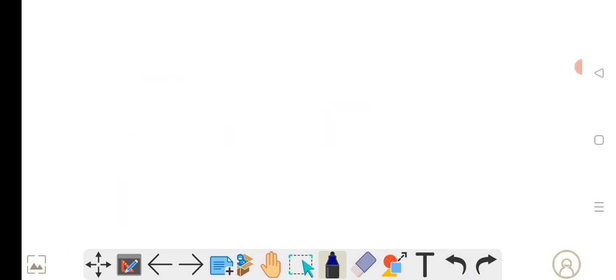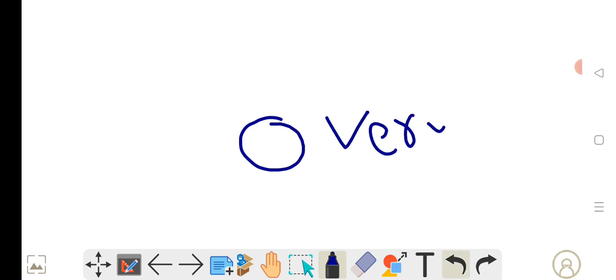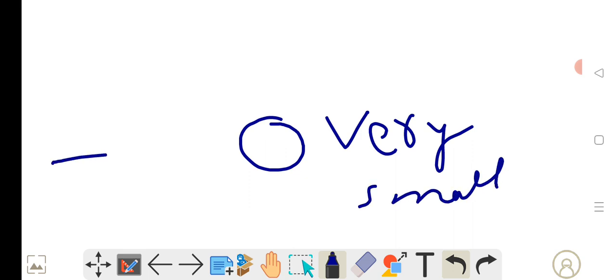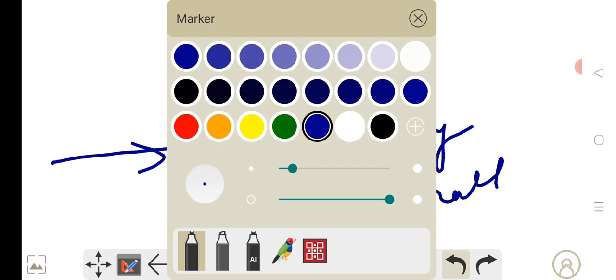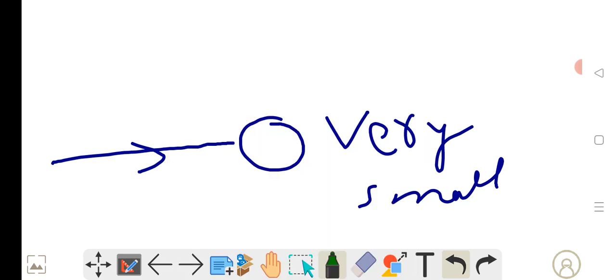Now, when the light is traveling, if there is an opaque object which is very small, a point-sized object, let us take. Instead of going in a straight line, light just takes a curve. It bends at the curvature of the object, the point.